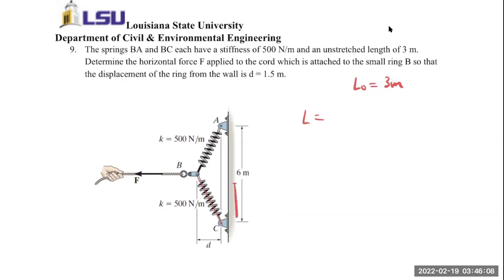This distance here is 3 meters. This D, after it's been stretched, is 1.5. How do I know this is after it's been stretched? Because it says the displacement of the ring, and displacement means that it's already been stretched. So L will be simply the square root of 3 squared plus 1.5 squared, because I'm just doing the Pythagorean theorem for the hypotenuse.